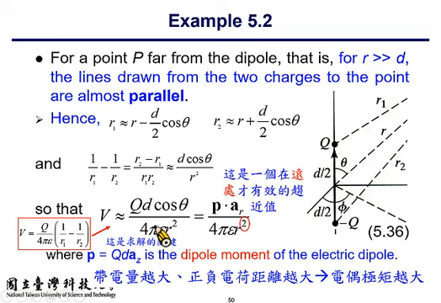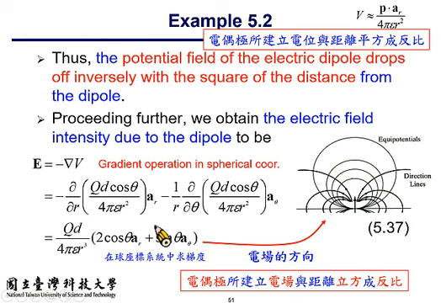All right, but another thing that we can find out from the expression is that the magnitude of the electrical dipole moment is proportional to the amount of charge and the distance between the positive and negative charge. All right.